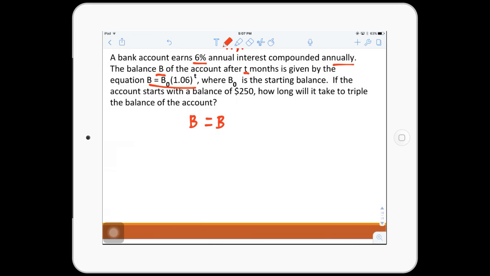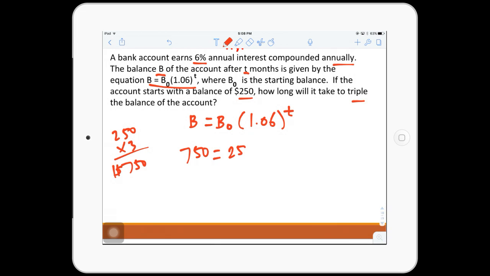If the account starts with a balance of $250, how long will it take to triple? Tripling means we're going to have 250 times 3, a desired balance of $750. We're going to let that equal the left side, and the initial amount is 250. The rest of the equation stays the same.